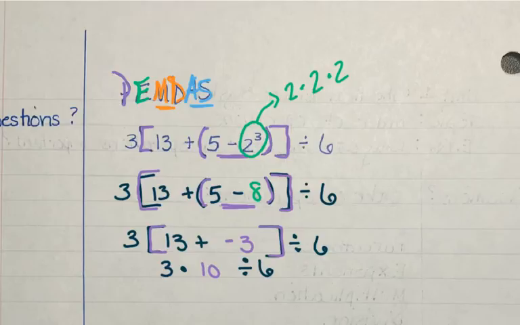Well, that's all I have left, so I have to go in order first. So this time I'm going to multiply first. So 3 times 10 is 30. Then I'm going to bring down this divided by 6. And then I divide. 30 divided by 6 is 5. And that's my answer.